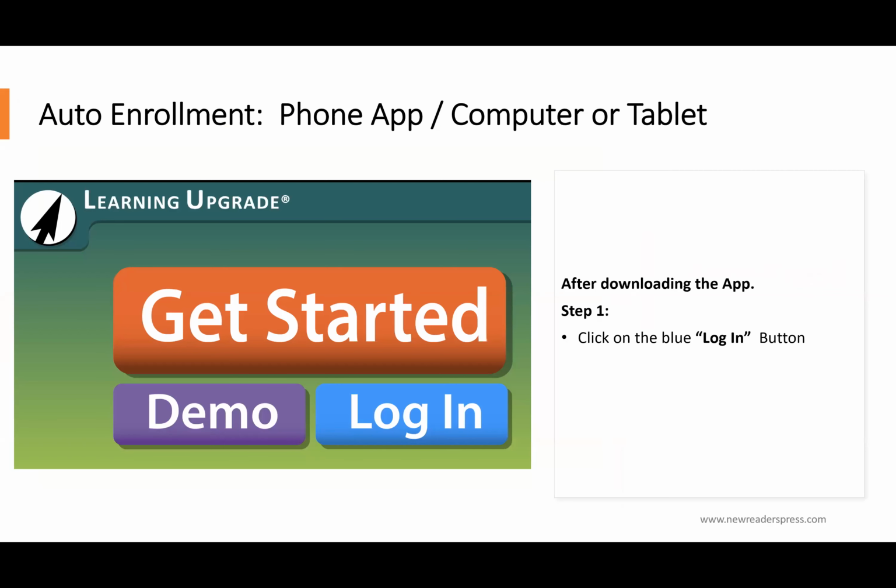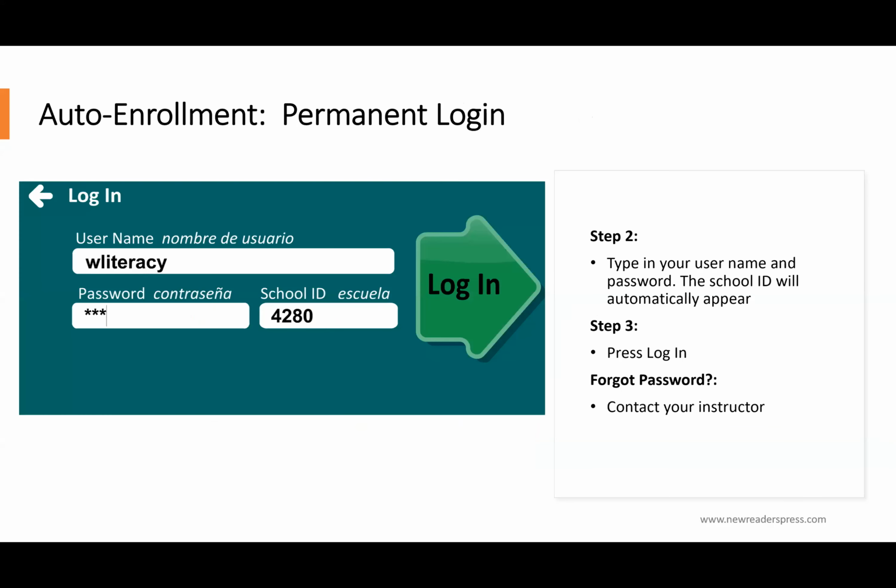But once your learners have their activation email information, they're going to go to this blue login button. We find that sometimes students keep wanting to go into this Get Started button after they've already registered, and that just kind of creates problems because then they have multiple accounts in here and we have to marry all of those together. So once they've hit the blue login button, they're going to be asked for specific information.